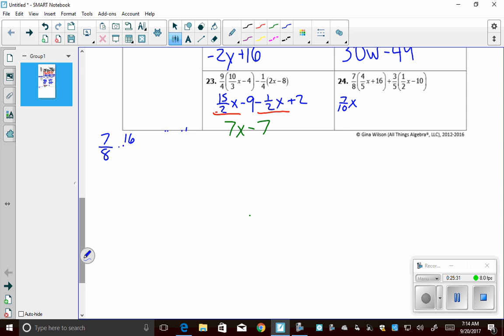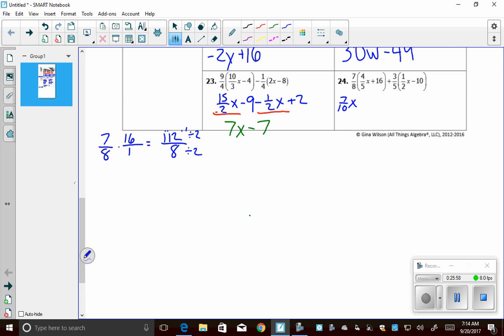I'm going to have to do the 7 over 8 times 16 over 1. 7 times 16 is 112, divided by 8 times 1 is 8. Now, 112 is a big number, but I know because it ends in a 2 and 8 is even, that if I divide each side by 2, it can reduce.